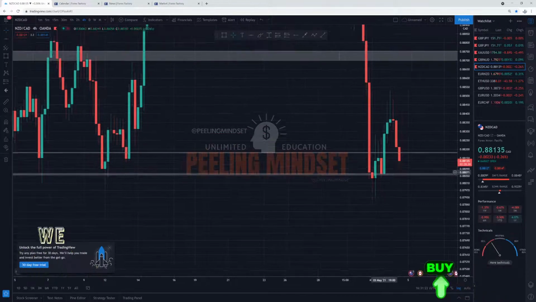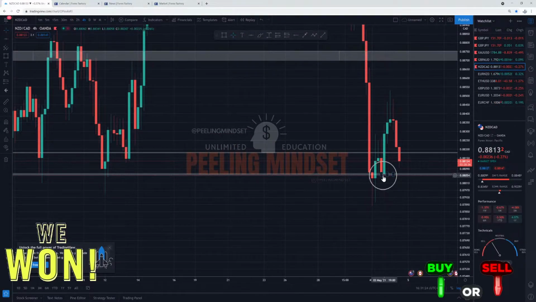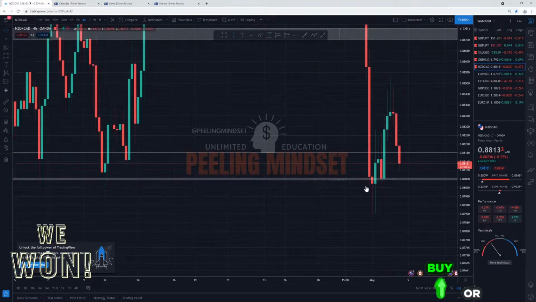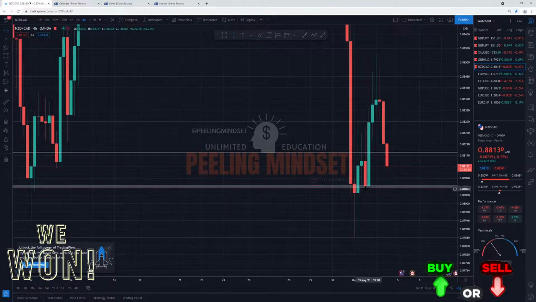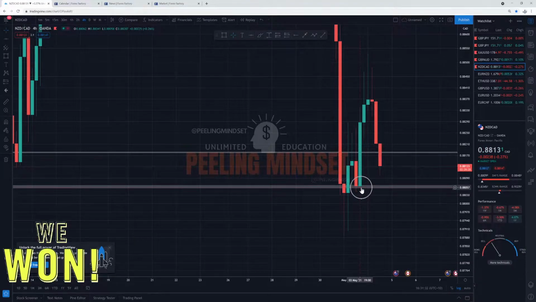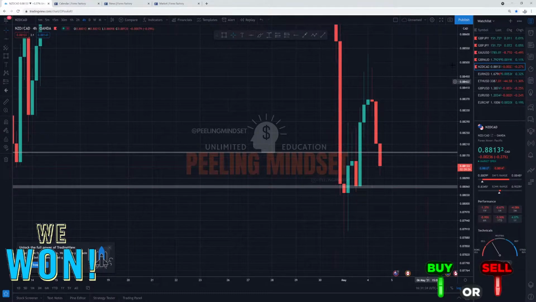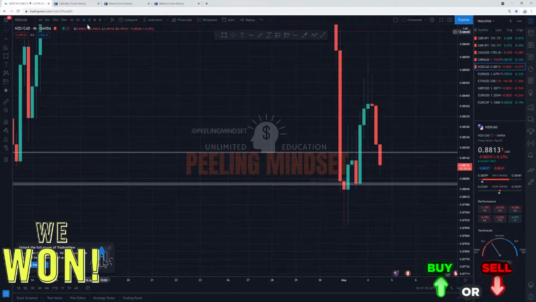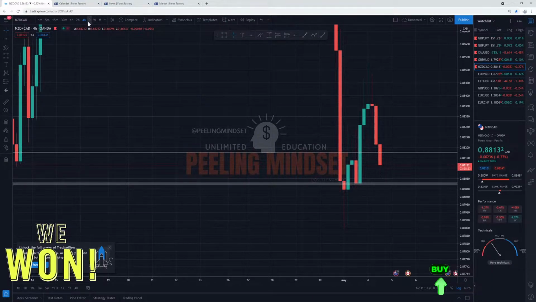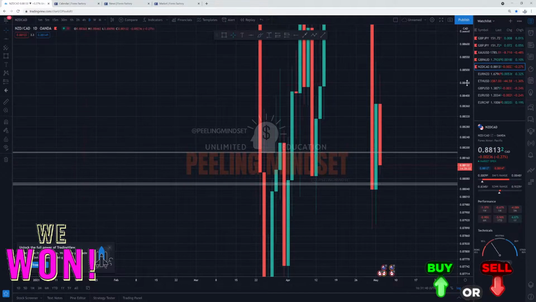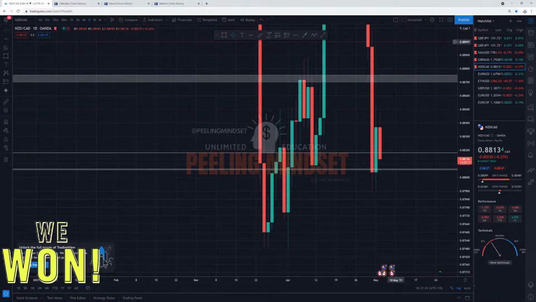Something to be careful about is this 4-hour support. You have to be careful around that vicinity because the price can reject that level 100%. Let's look at the NZD CAD. Obviously, this is a pair my friend Jamil trades.